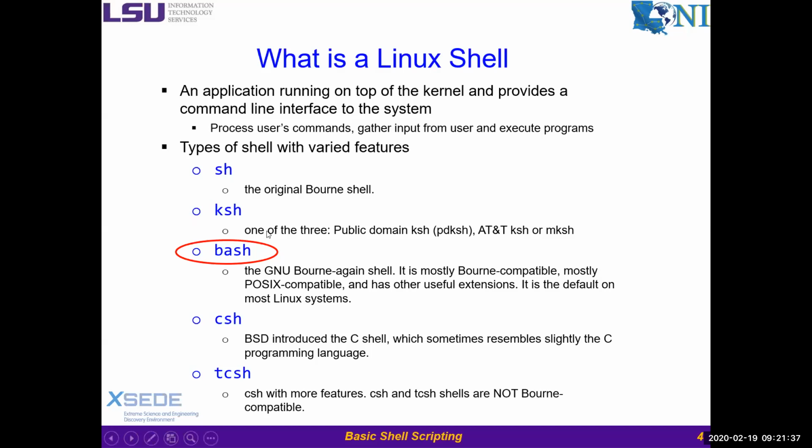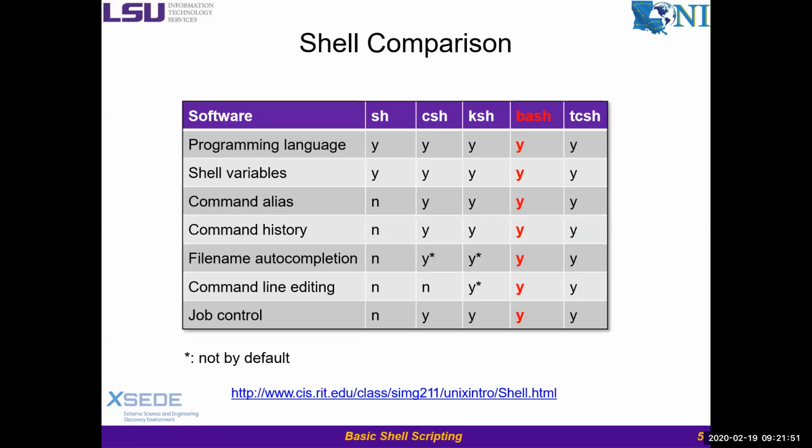But we'll be focusing on bash. Its name stands for Bourne Again Shell. You don't have to remember that. I never remember that. It's always bash. This slide also compares the different types' features. Compared to bash, you will see that it provides most features.